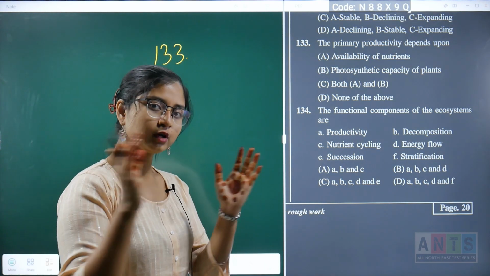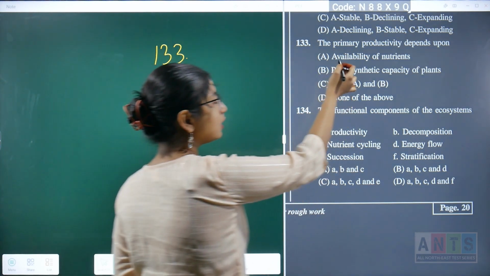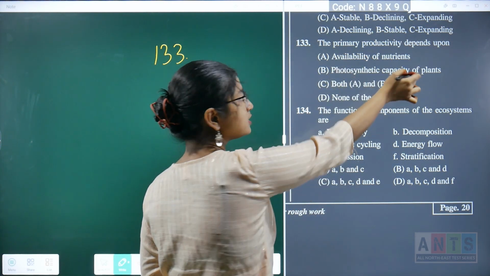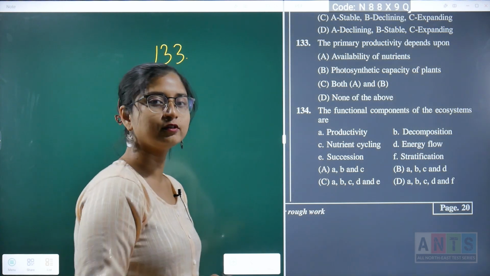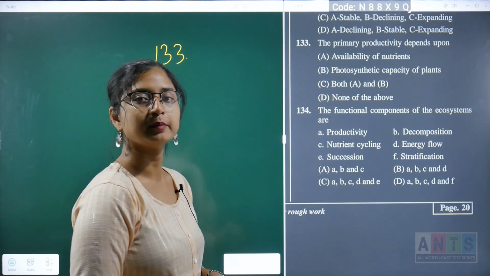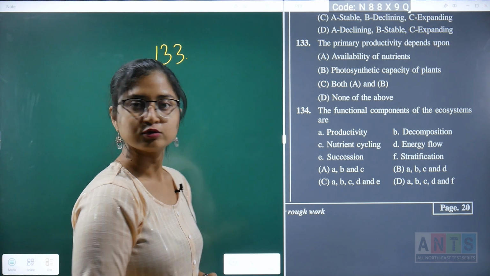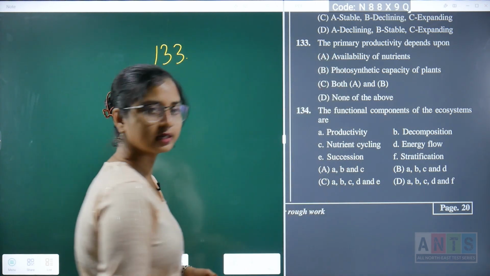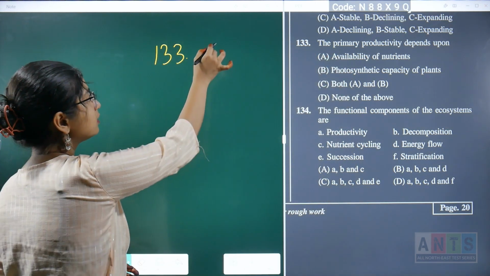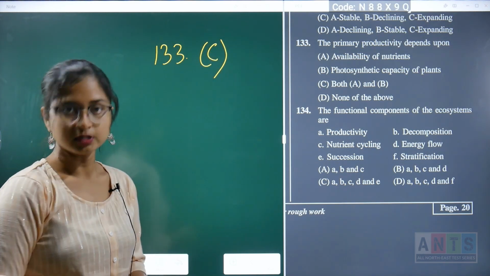So अगर दोनों points को हम bring together करें, so availability of nutrients and photosynthetic capacity of plants both have a role to play in deciding the primary productivity of an area. So going by that, both A and B are correct. So question number 133, the correct answer is option C.